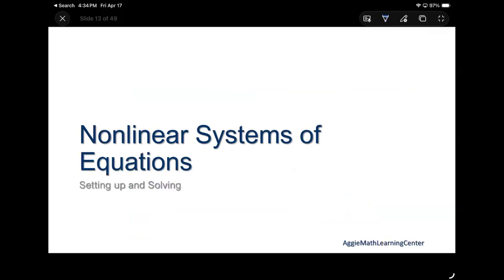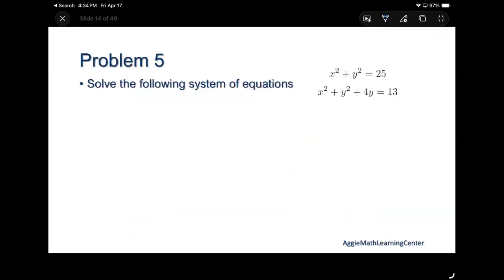So, dealing with nonlinear systems of equations. There are a couple of different options that this kind of question will give you. You'll either have a circle, or you can also get ellipses as well, with the process being fairly similar.